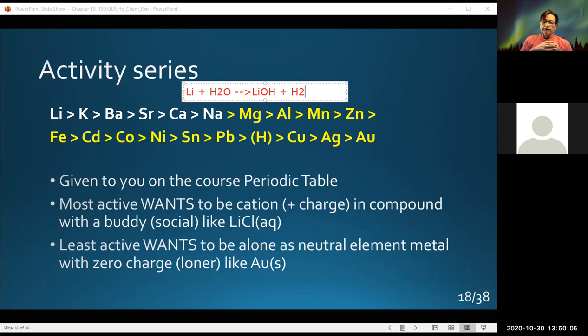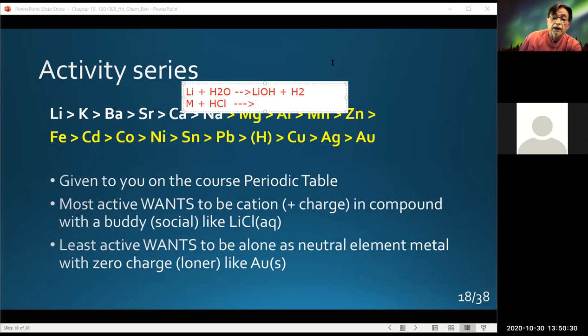They're very reactive. The other metals, from magnesium up to lead, we need a little more aggressive conditions to get them to react. We generally could react them with a little bit of hydrochloric acid.